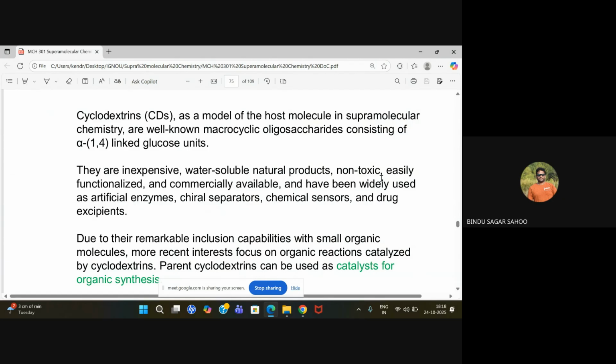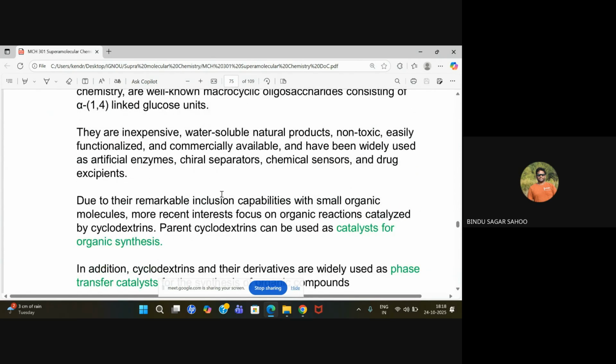Cyclodextrins can provide good enzyme sites, chiral separators and chemical sensors, and they can also be used in the drug industry. Due to their remarkable inclusion capabilities with some organic molecules, most reactions can be catalyzed by using cyclodextrins. So basically, cyclodextrins are used in organic synthesis reactions, particularly oxidation reactions.